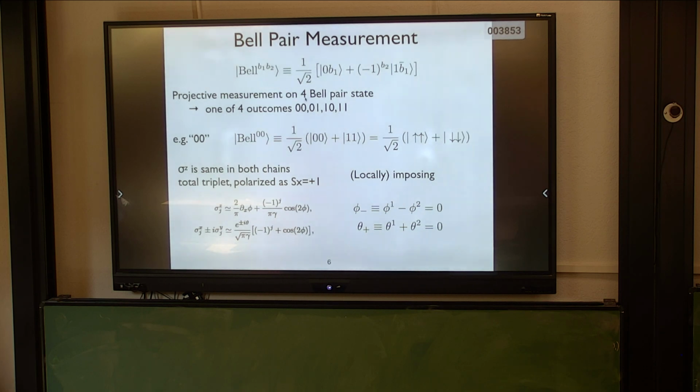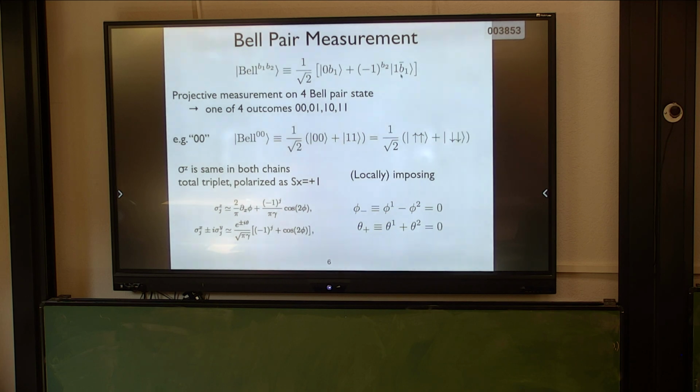So for example, if you consider the 00 state, B1 is 0, so the first term is |00>. And the second term has a factor (-1)^B2, but B2 is 0, so this factor is just 1. And then I have |1, B1 bar>, where B1 bar means you flip the qubit between 0 and 1.